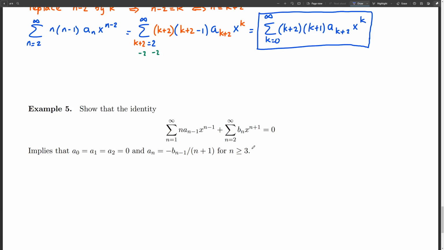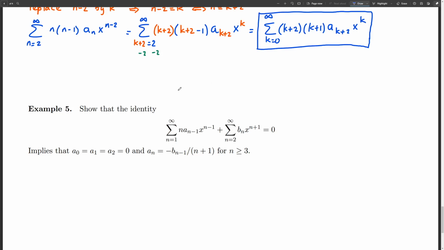And we want to show that this implies that a naught equals a1 equals a2 all equal to 0, and a sub n equals negative b sub n minus 1 over n plus 3 when n is greater than 3.